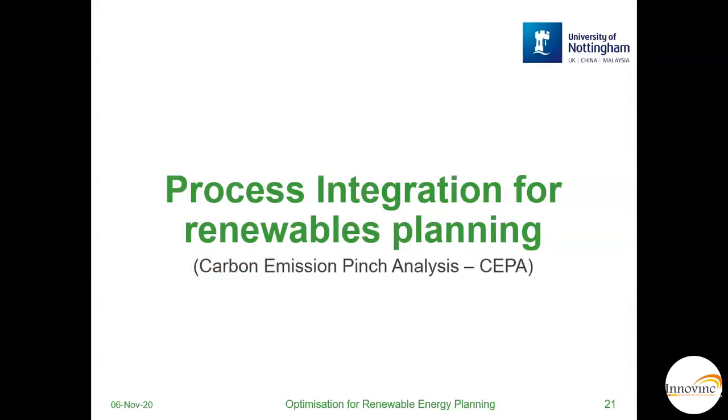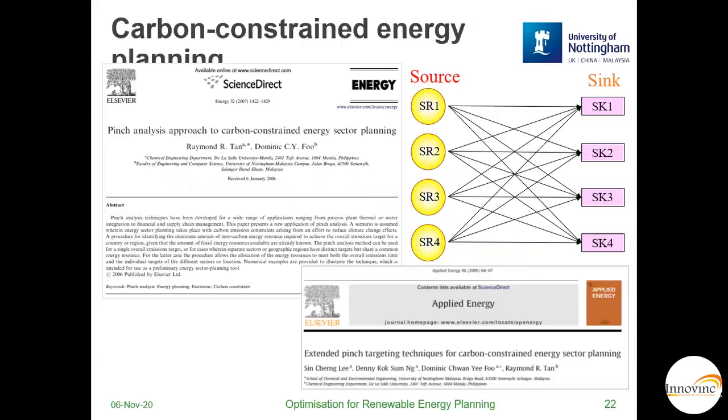Let me draw your attention to renewable energy planning. This is a special case that we developed more than a decade ago called carbon emission pinch analysis, or in short, CEPA. The first paper was published in 2007 by myself and Raymond. If you look at the diagram, it shows four sources.